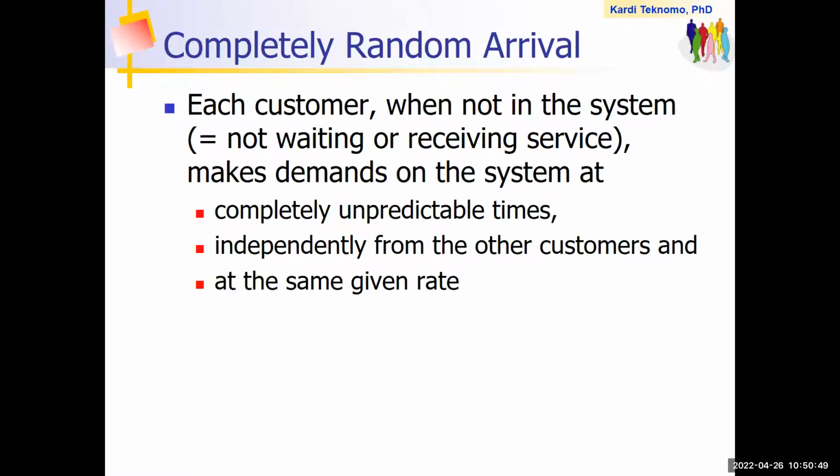Each customer, when not in the system, makes a demand on the system at a completely unpredictable time, independently from the other customers, at the given same rate. So random means unpredictable. When they will come, you don't know.